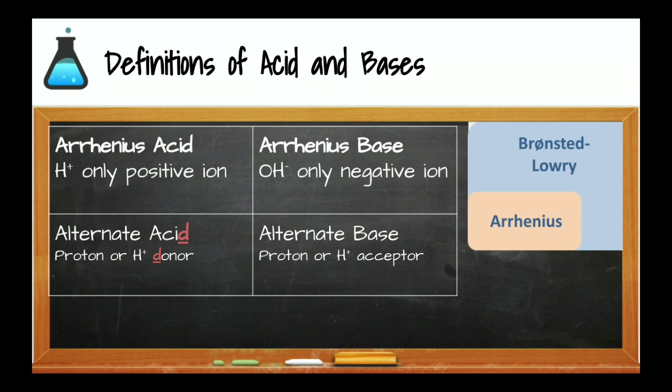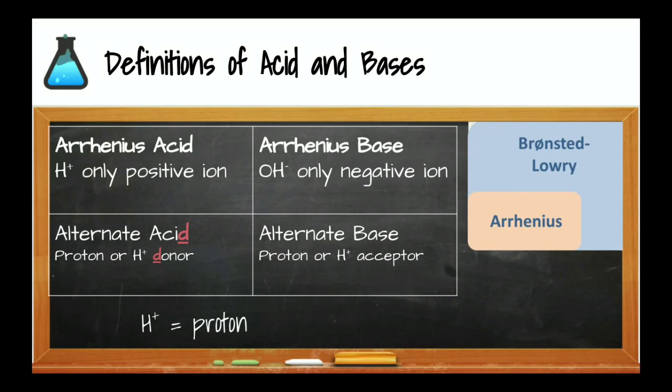Notice from this picture here that the alternate acids and bases are just a more broad definition. So all Arrhenius acids and bases are going to be alternate acids or bases, but only some alternate acids and bases could be Arrhenius.